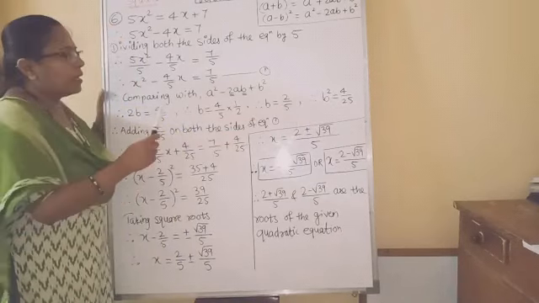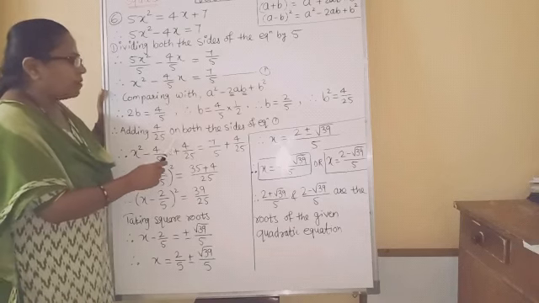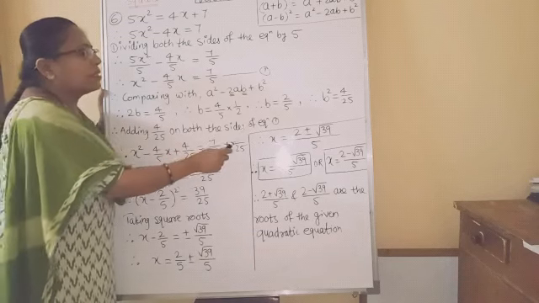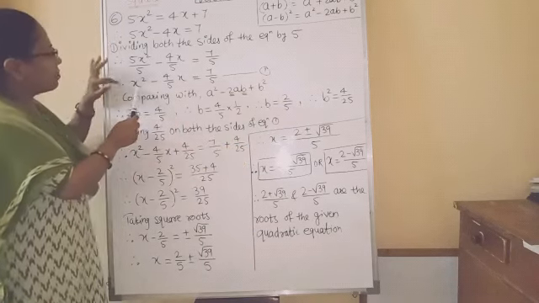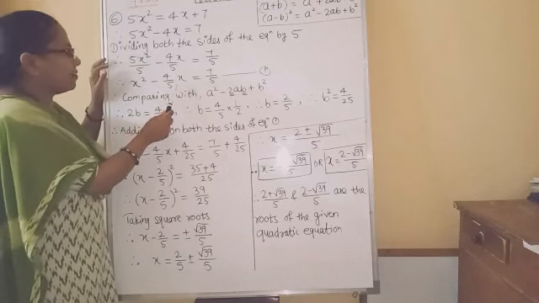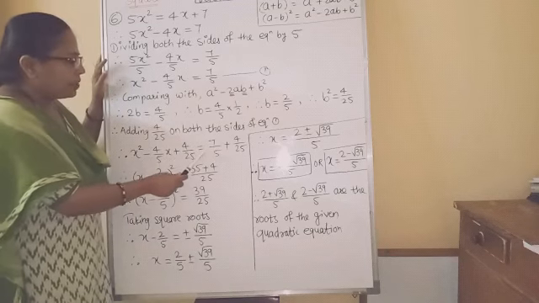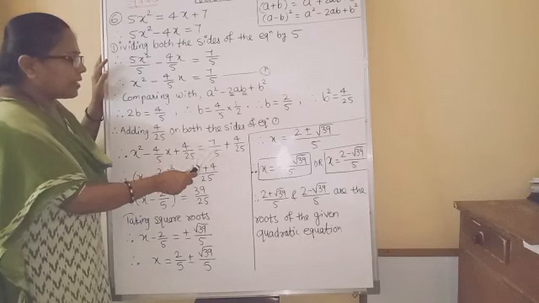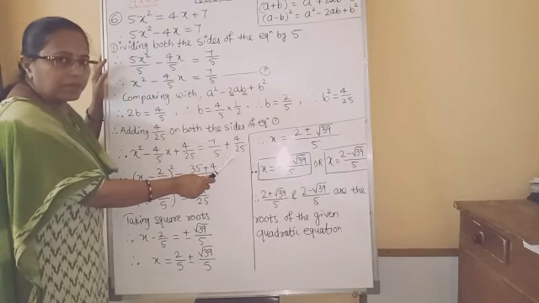Follow this step. Now, adding 4 upon 25 on both the sides of equation 1. Left hand side of the equation is x square minus 4 upon 5x plus 4 upon 25 equal to 7 upon 5 plus 4 upon 25.